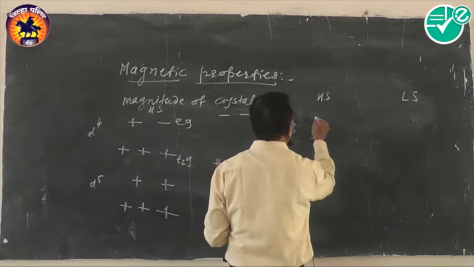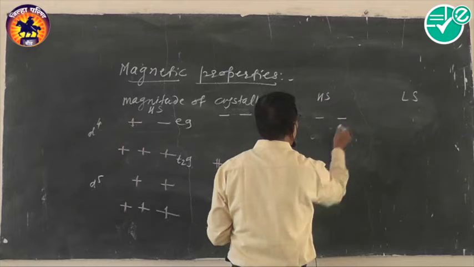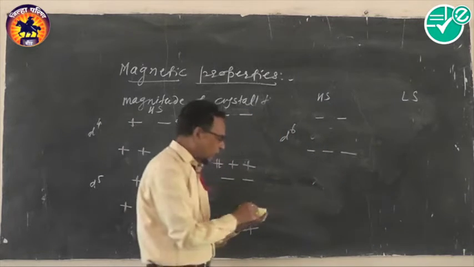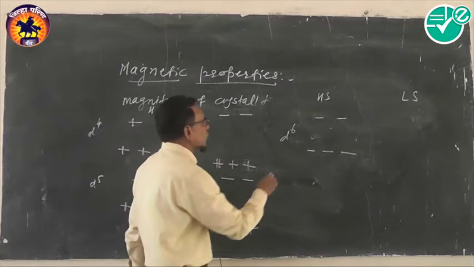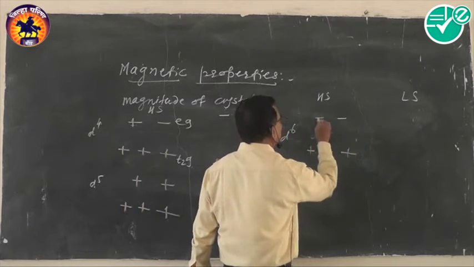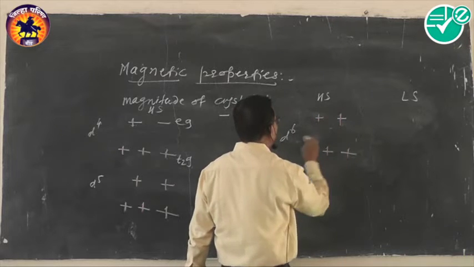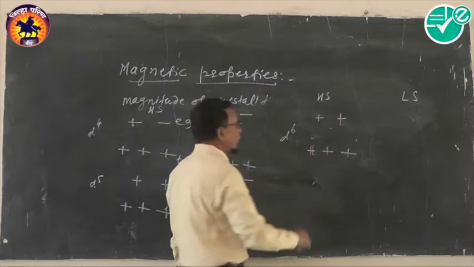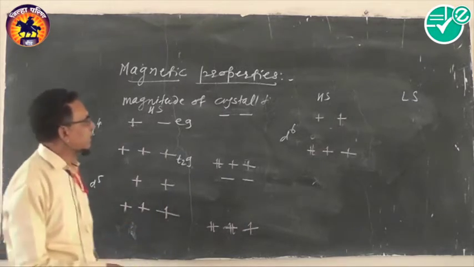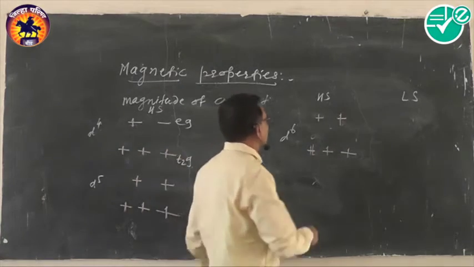So this is the eg set of orbitals and this is the t2g set of orbitals. In case of these d6 electrons, first of all they enter into different orbitals like this and then they start pairing in the lower energy level. So this is the electronic configuration in case of d6 when a high spin complex is formed.